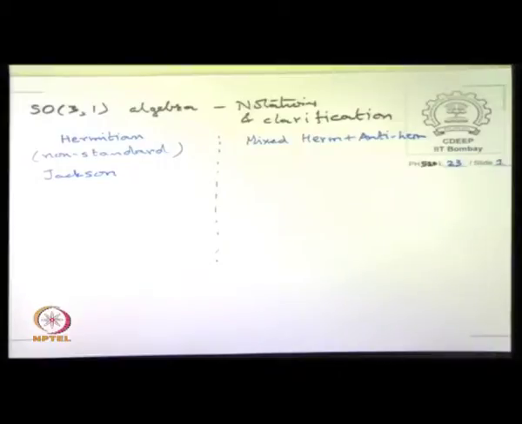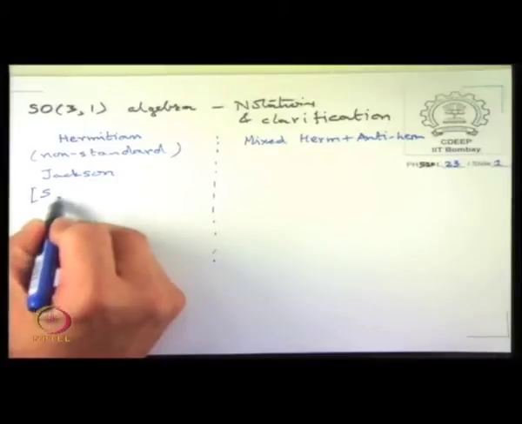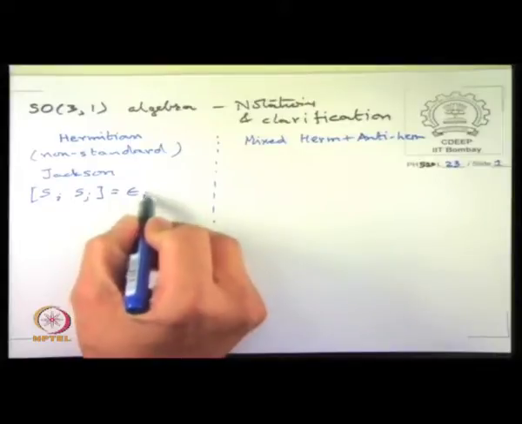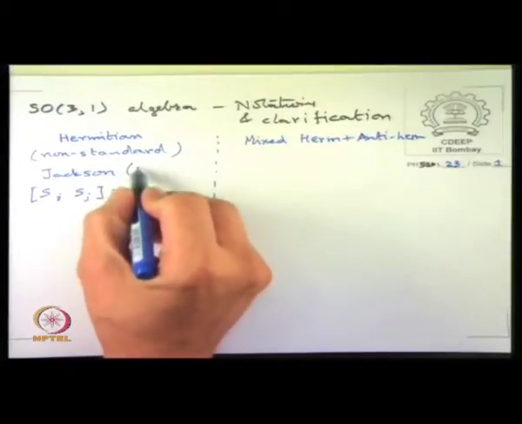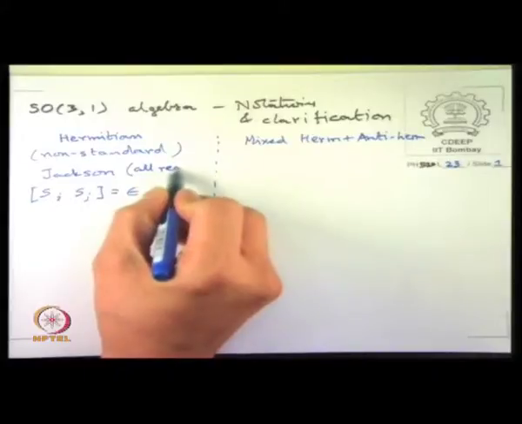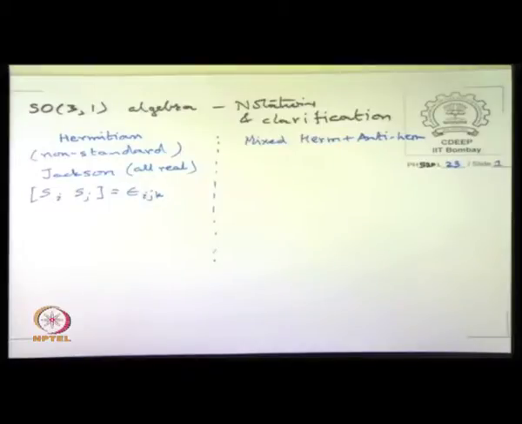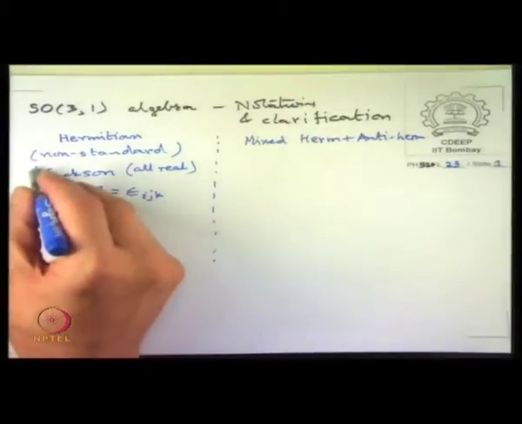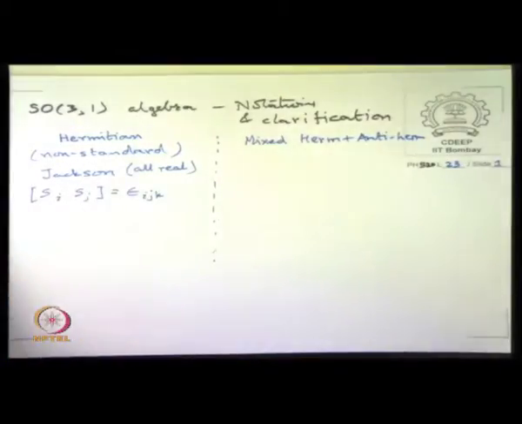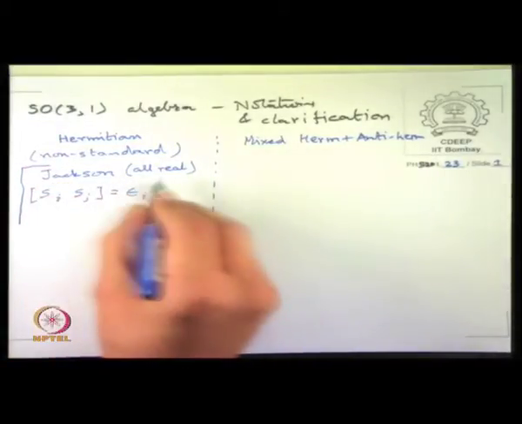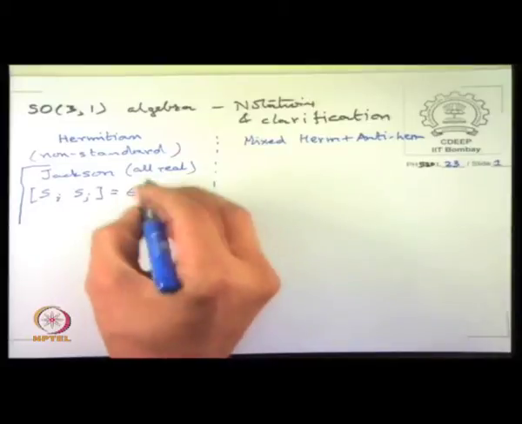So, Jackson's convention is that everything is real, so there are no i's at all. I have to correct this. Jackson has this, which is all real and therefore actually not Hermitian.